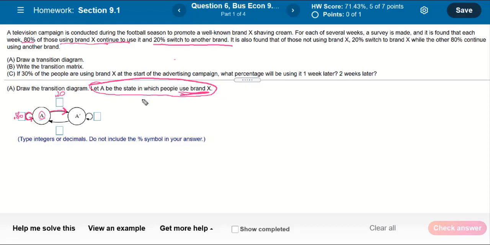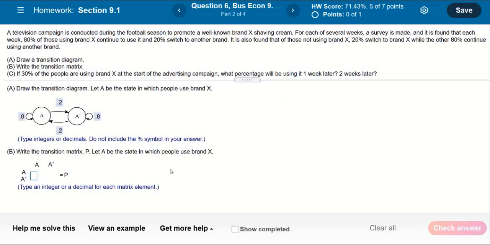Then we're told that of those not using brand X, which would be these, 20% of those switch to brand X. So that would be here. Which means that 80% continue to use their unknown brand.